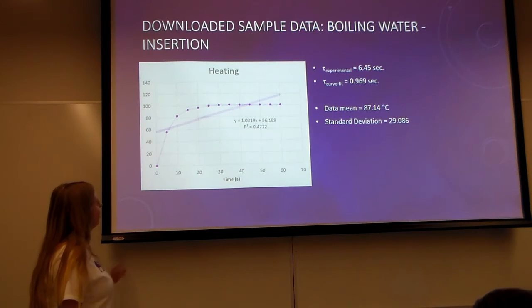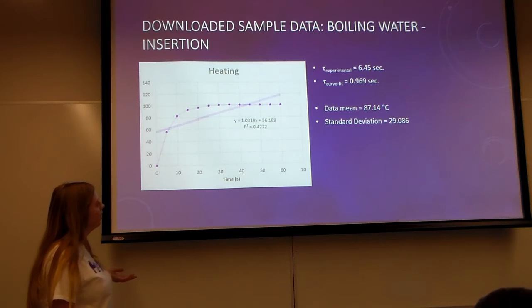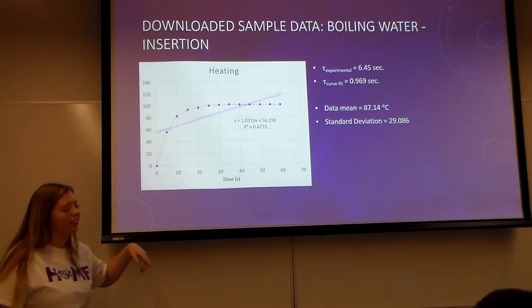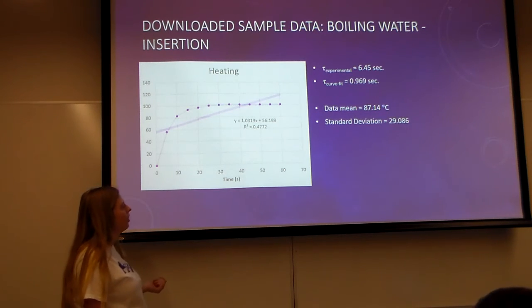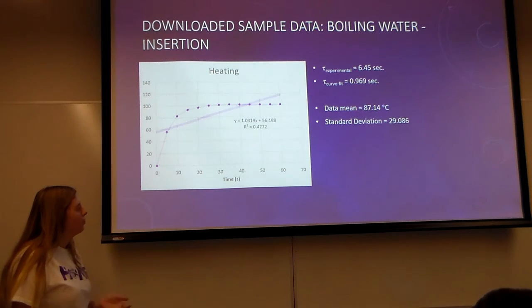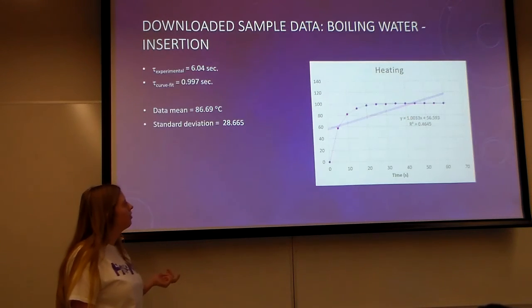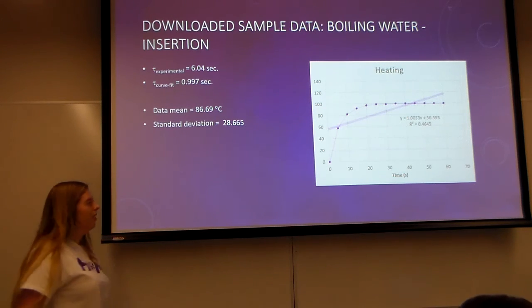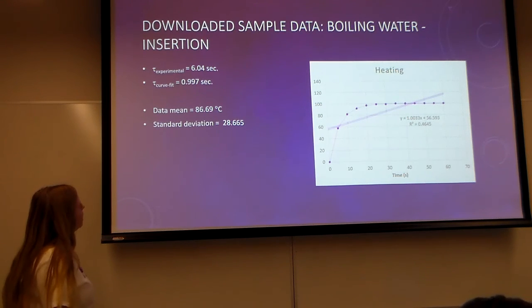They were pretty close in time constants. On the next slide, it also wanted us to do the mean and the standard deviation. The mean of this one was 87.4 degrees Celsius, and for this one it was 86.6, so it wasn't much of a difference. The time constants were pretty similar.